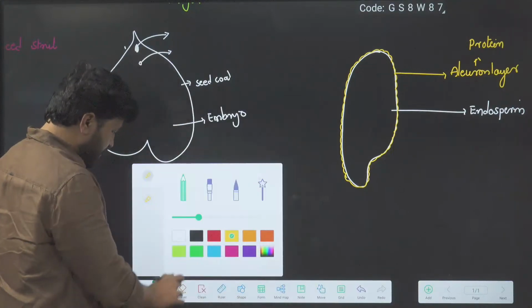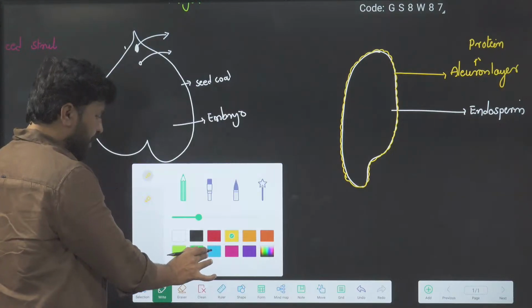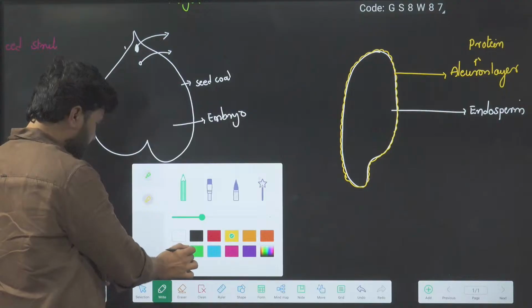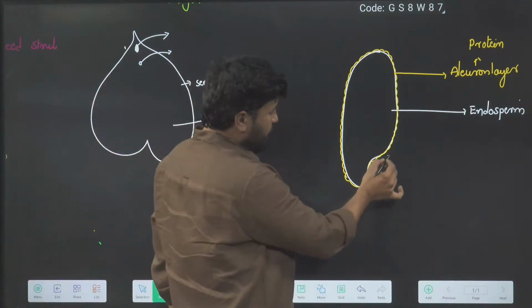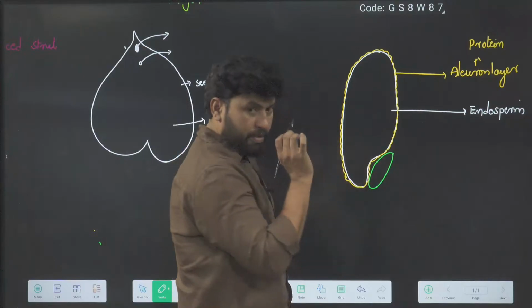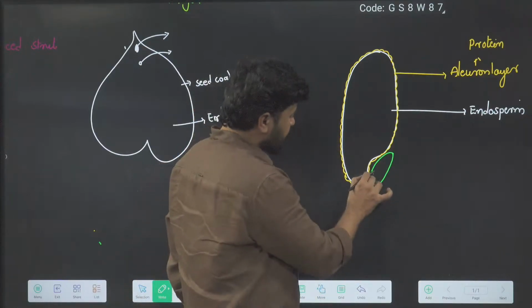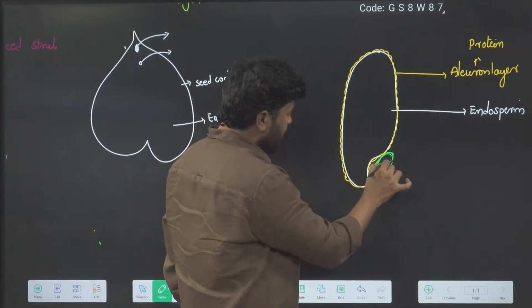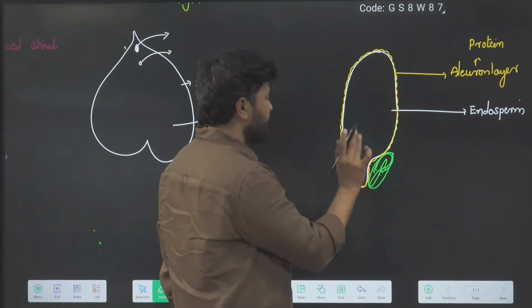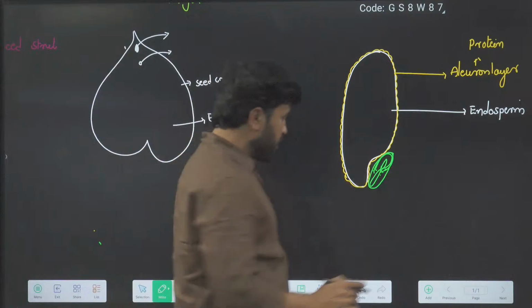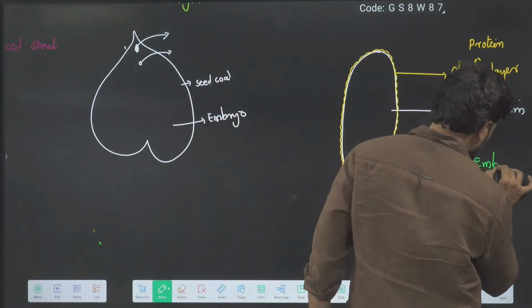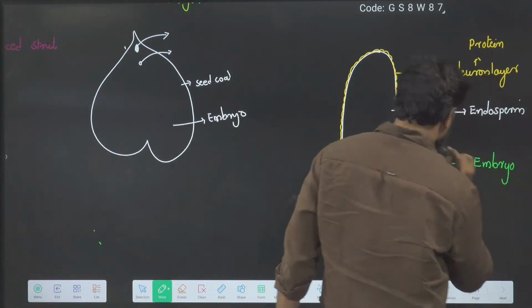Where is the embryo? Where has this embryo been hiding? It has been hiding here. This is the location where the embryo is present. As we said earlier, it has a matured single shield shaped cotyledon, inside it the embryonal axis, etc. Careful, this is the embryo.